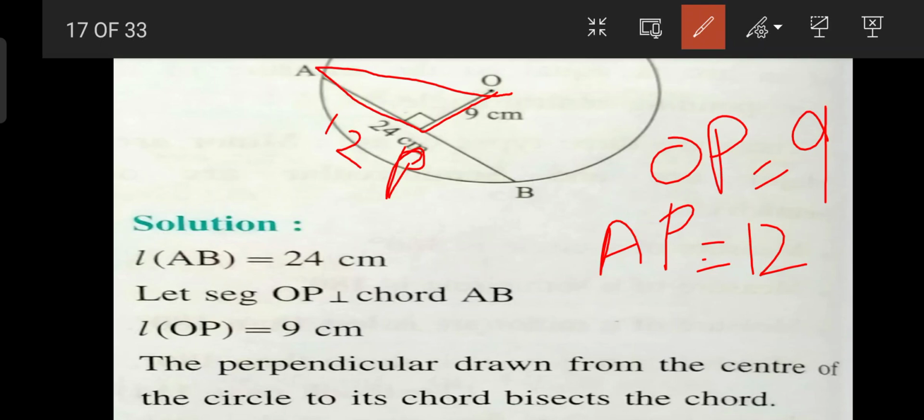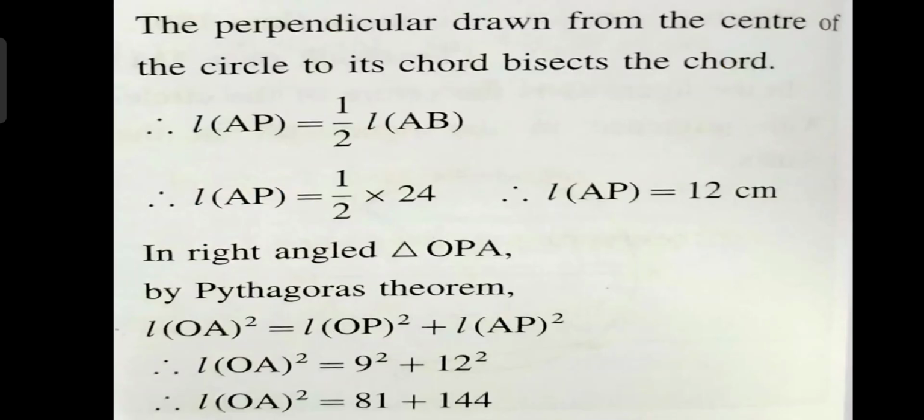Okay. So in right angle triangle OPA, by the Pythagoras theorem, we have that length OA square is equal to length OP square plus length AP square. Length OA square we don't know, but we know OP and AP.